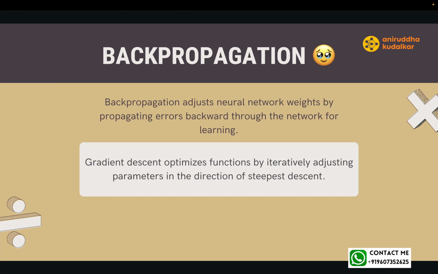Gradient descent optimizes the functions by iteratively adjusting the parameters in the direction of the steepest descent. The statements might sound a little difficult, but don't worry, we are going to see in detail what backpropagation and gradient descent are.